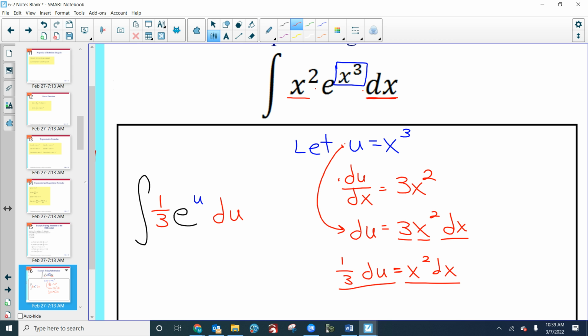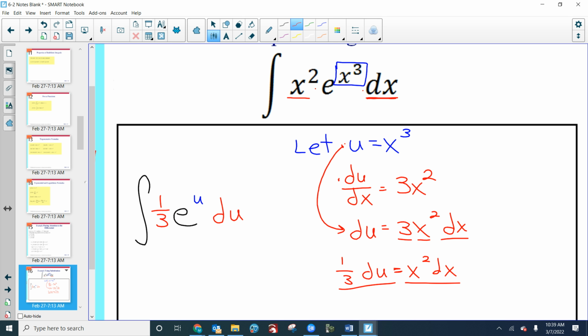Now, wipe everything from your mind for just a second. If you walked into class today, if I put this up as bell work, and I asked you to find the antiderivative of 1/3 e to the u with respect to u, could you do it? Because if you can't, this whole substitution was either pointless or you haven't learned your antiderivatives well enough yet, and that's okay. All right?